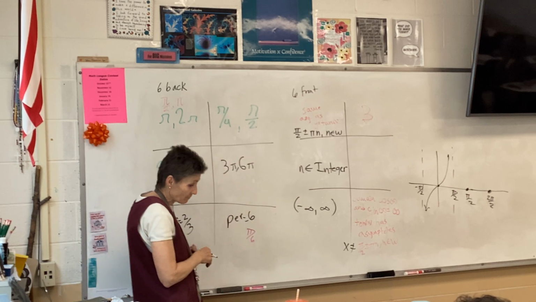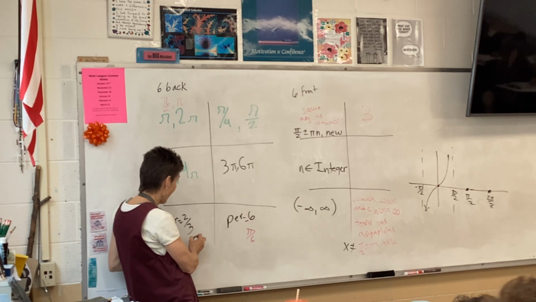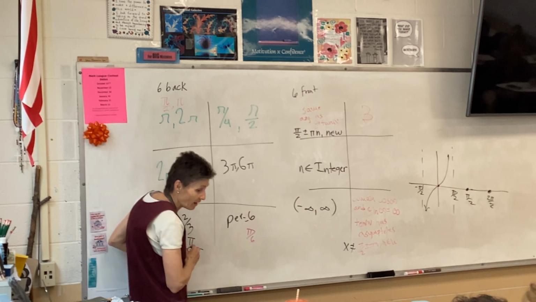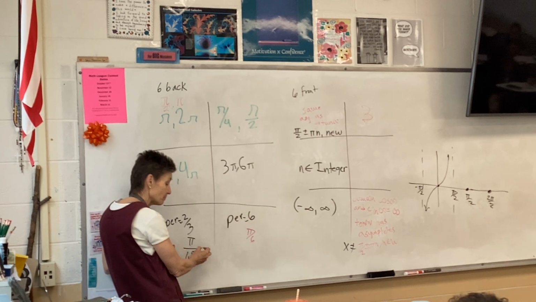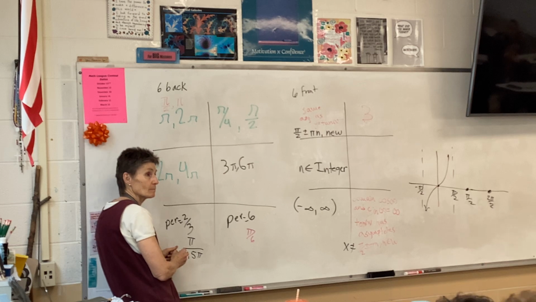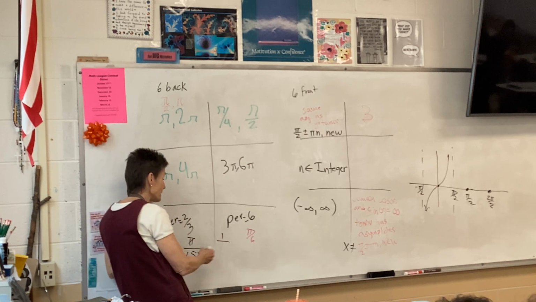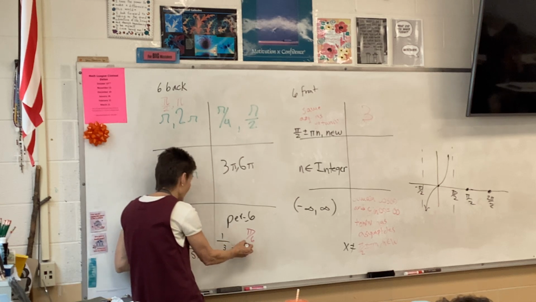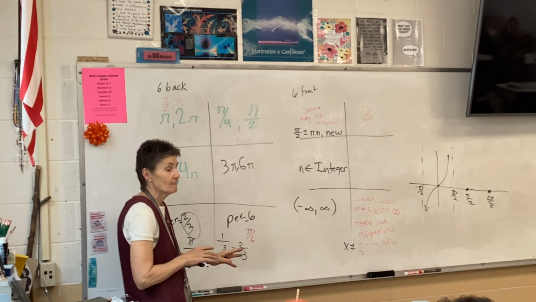All right, and then we have to find the period. So for this one, the period would be pi divided by 1.5 pi, which is 1, the pi's are going to cancel, 1 divided by 3/2, which is 2/3. Beautiful. Everyone agree? You were right.